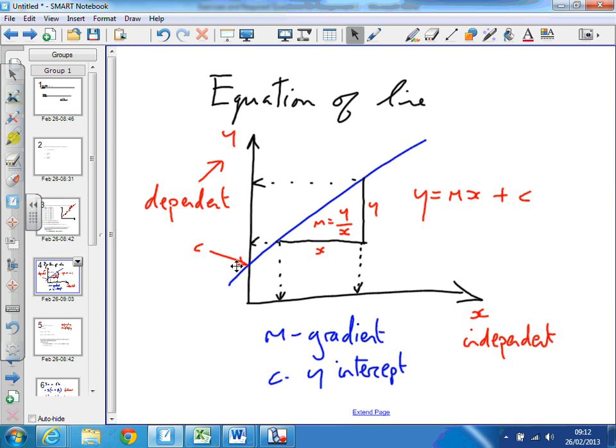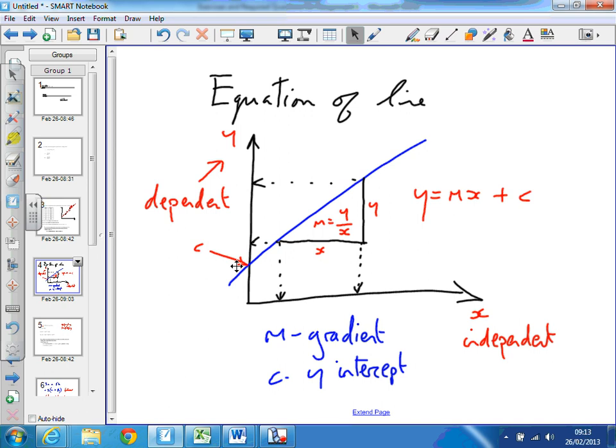So that's all you have to do to find the equation of a line. You plot a graph. If you get a straight line, you draw a straight line through the set of results, ignoring rogue results. And then you find the gradient of the line, which will give you the value for m, and the intercept, which will give you a value for c. And then you can write down the formula that relates y and x.